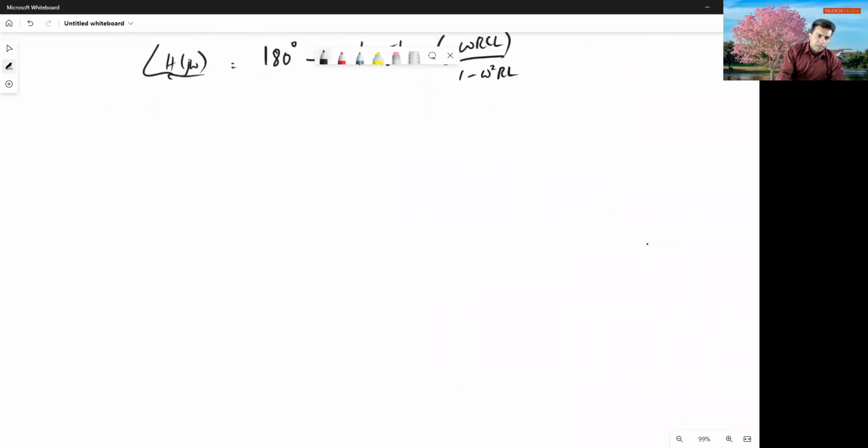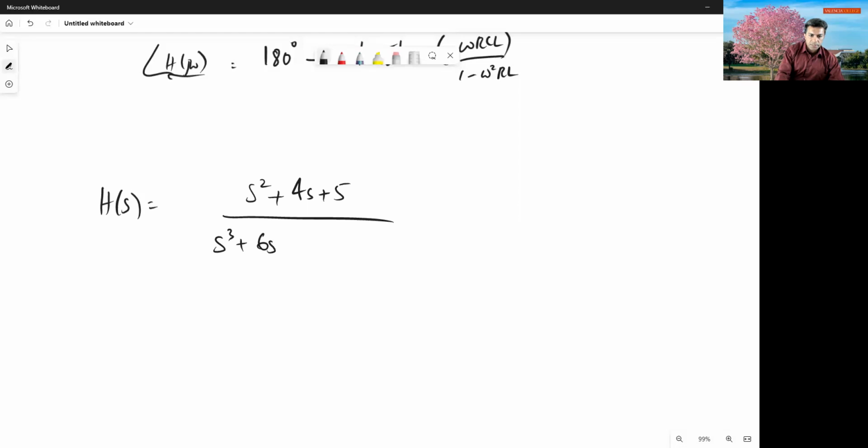Let me give you another example. Let's say in control systems we have a transfer function given as H(s) = (s squared + 4s + 5) over (s cubed + 6s squared + 7s + 8).